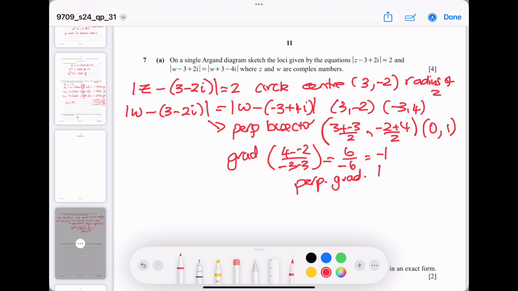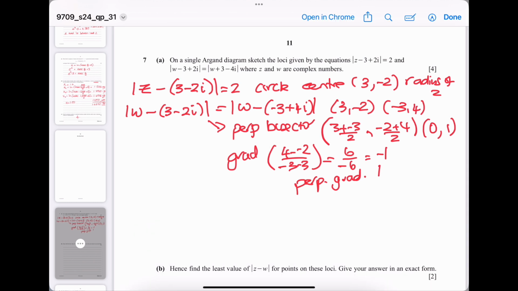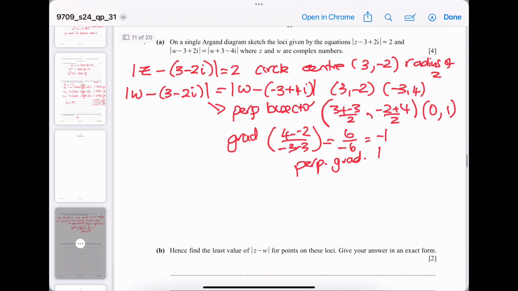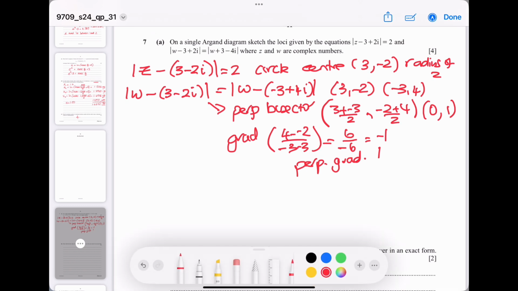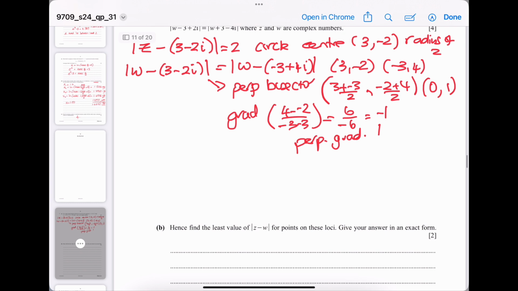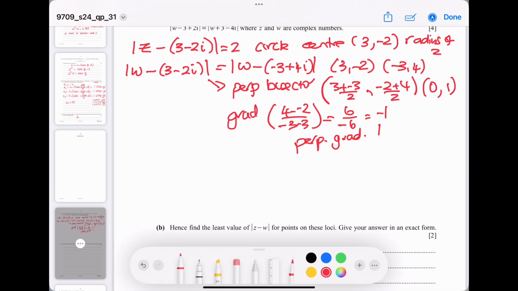So that's just going to enable me to do a decent sketch. Oh, I've used most of my space already. So I am going to draw my set of axes. I need to show my circle of center 3, negative 2, radius 2.